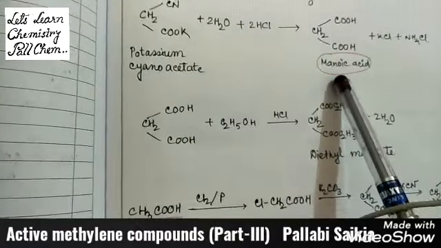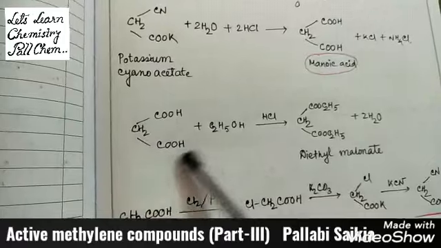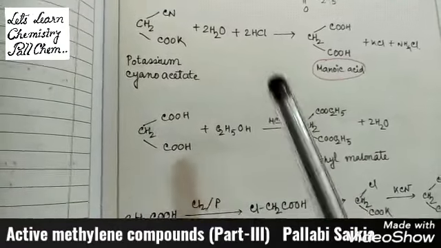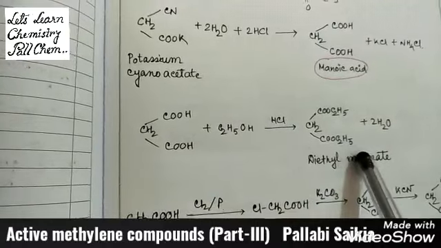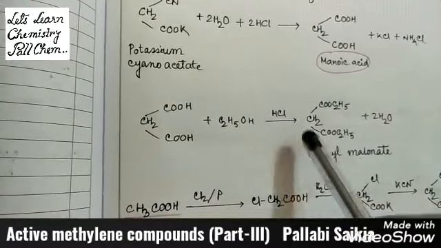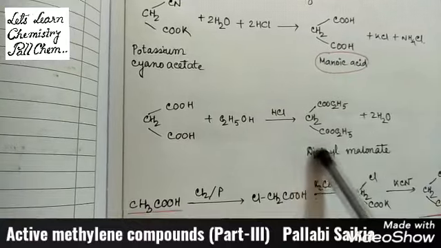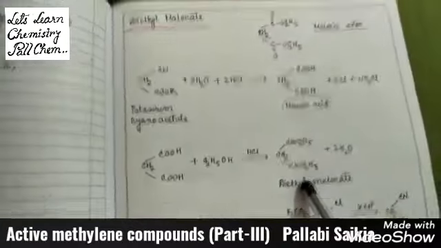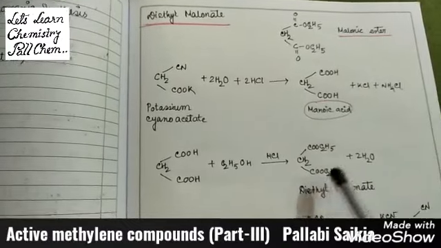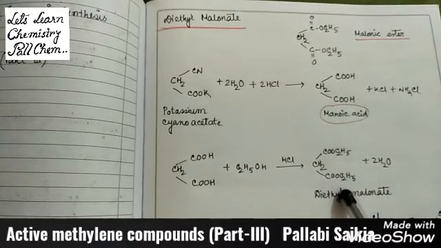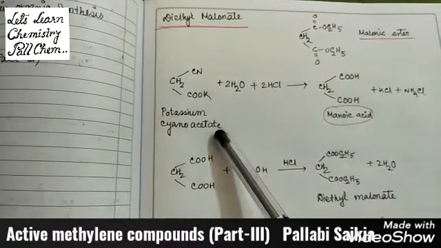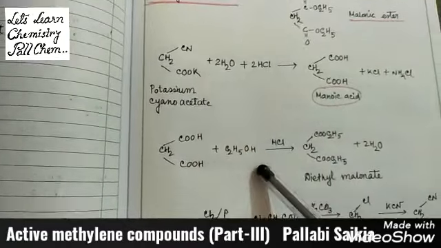This is malonic acid. In the second step, this malonic acid is treated with alcohol. We know that acid plus alcohol gives ester. So we get diethyl malonate, a malonic ester. So this is the method of preparation of diethyl malonate from potassium cyanoacetate, which is treated with acid and alcohol.